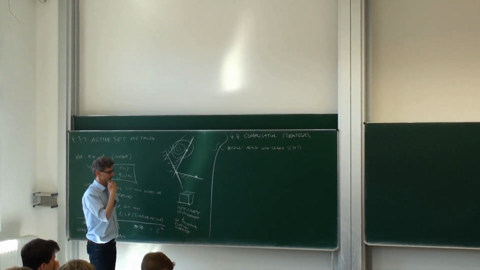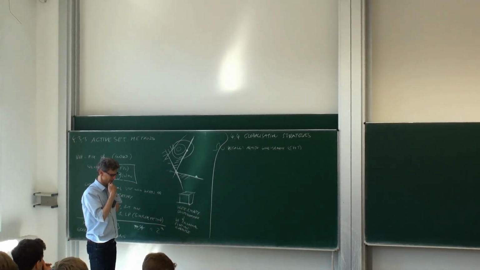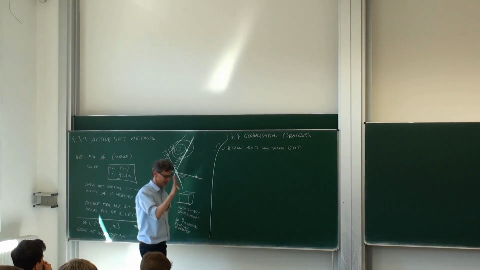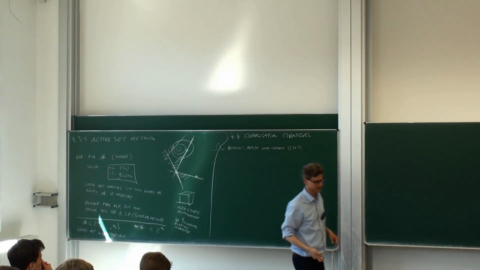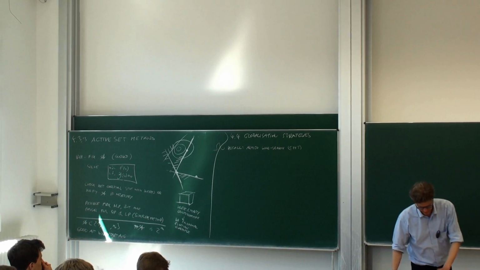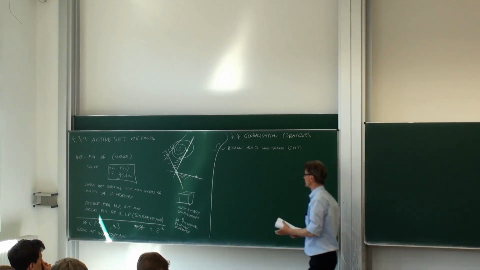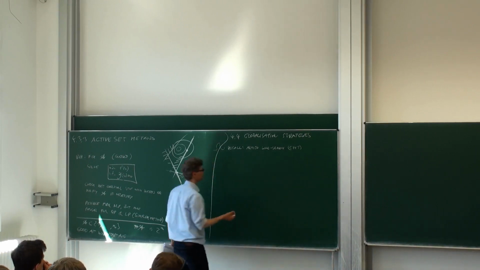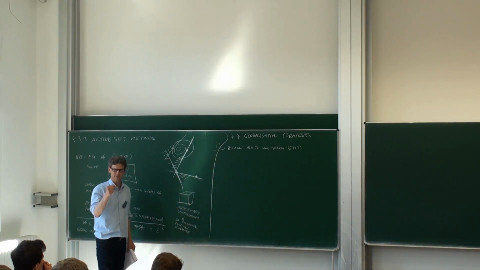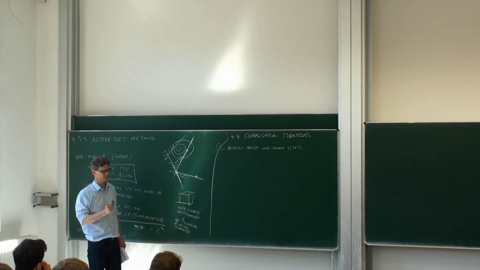And there is, of course, a full variety of possible concepts. The main two things that distinguish the different globalization strategies are these. One is that you need to somehow decide what does it mean to be better, because most of these algorithms want to ensure progress in some way.